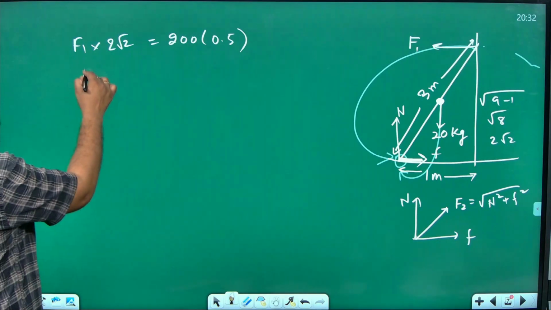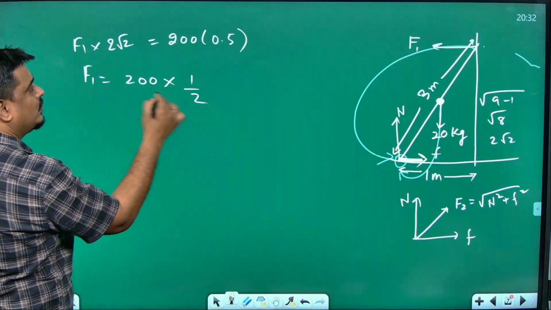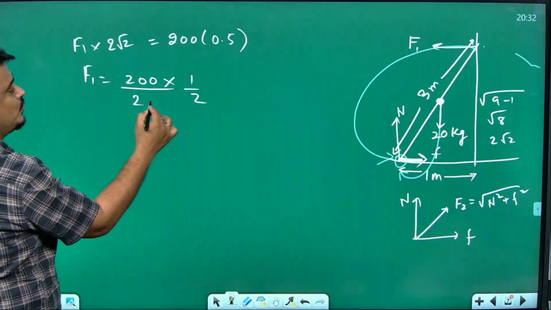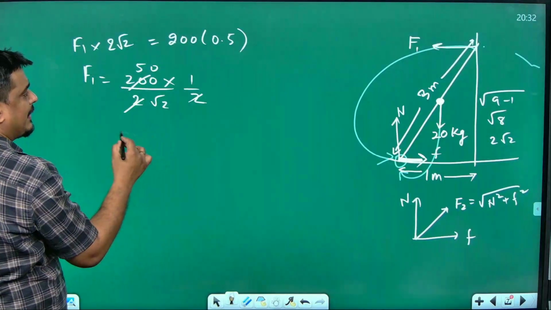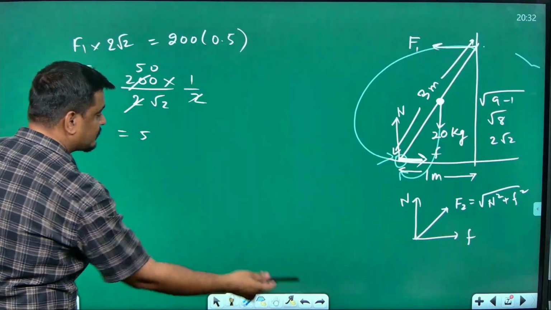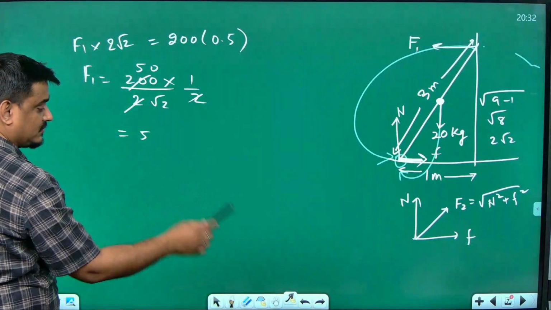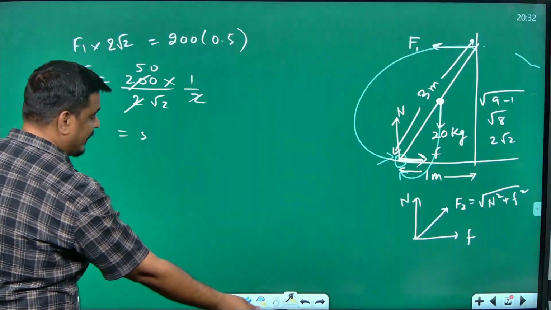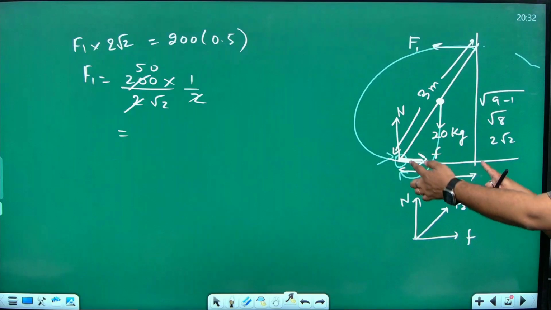So what will be the value of F1? F1 will become equal to 200 into 1 by 2 divided by 2 root 2, which is 100 by 2 root 2, 50 by root 2, that is 25 root 2, isn't it? Sir, how did the 0.5 come? Totally it is 1 meter.